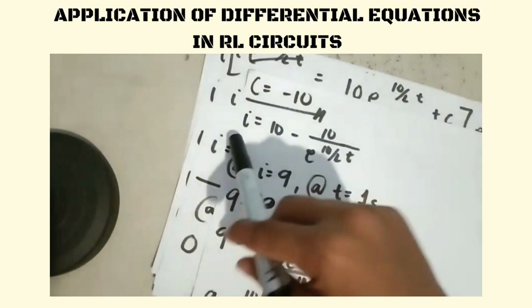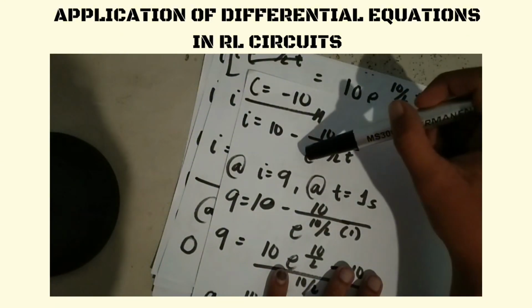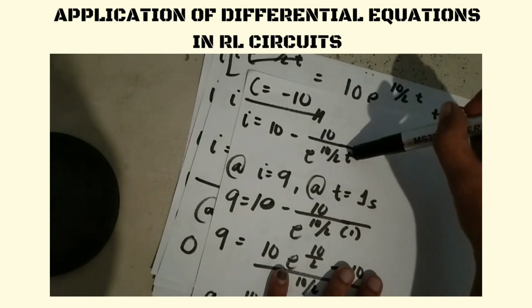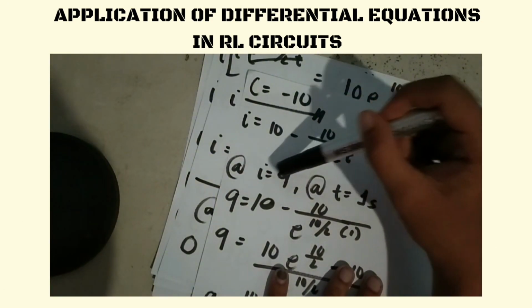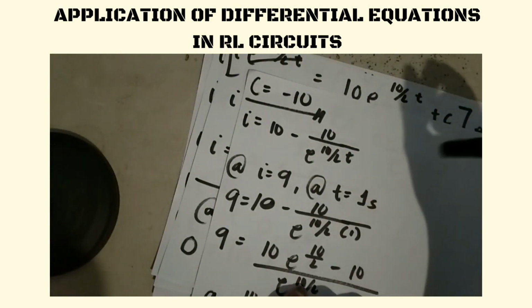The equation is I is equal to 10 minus 10 over e raised to 10 over L t, at I equal to 9 and at t equal to 1.